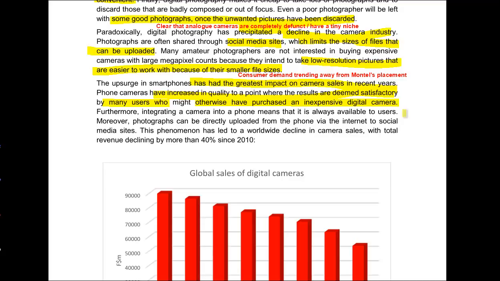Now, we already know that Montel are probably not making many inexpensive cameras, or at least not specializing in them. In fact, they're going for that quality leadership, those big professional level cameras as mentioned. So perhaps the consumer trends aren't that impactful on Montel's specialism.